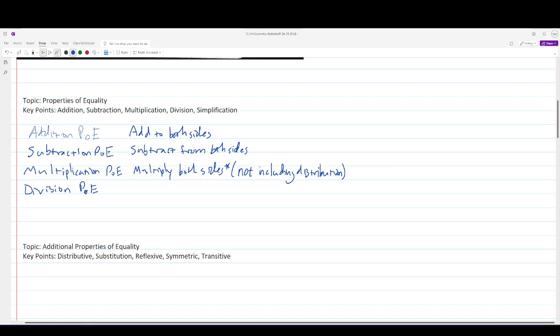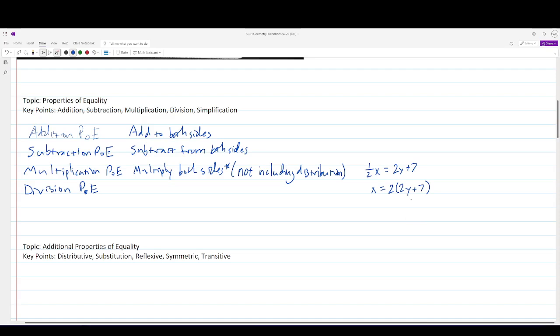So, for example, if I had an equation that said 1/2 x equals 2y plus 7, and I wanted to multiply both sides by 2 using the multiplication property of equality, I would then have x equals, and I would not have 4y plus 14. I would have 2 times 2y plus 7.